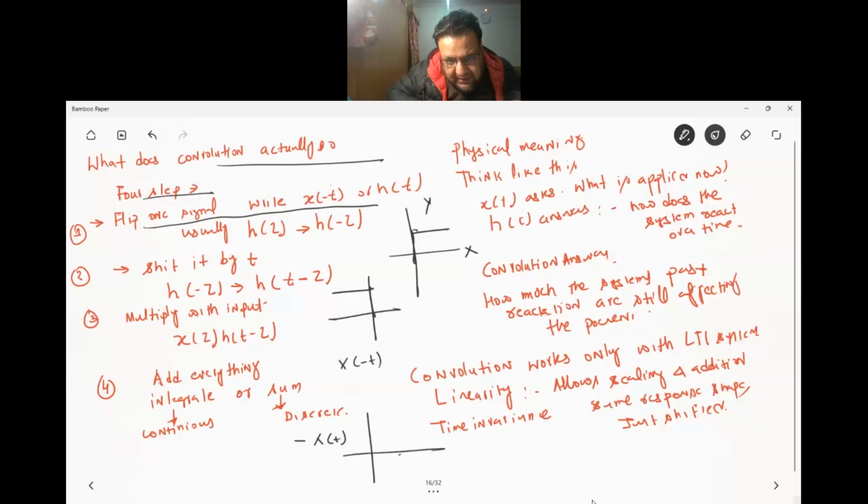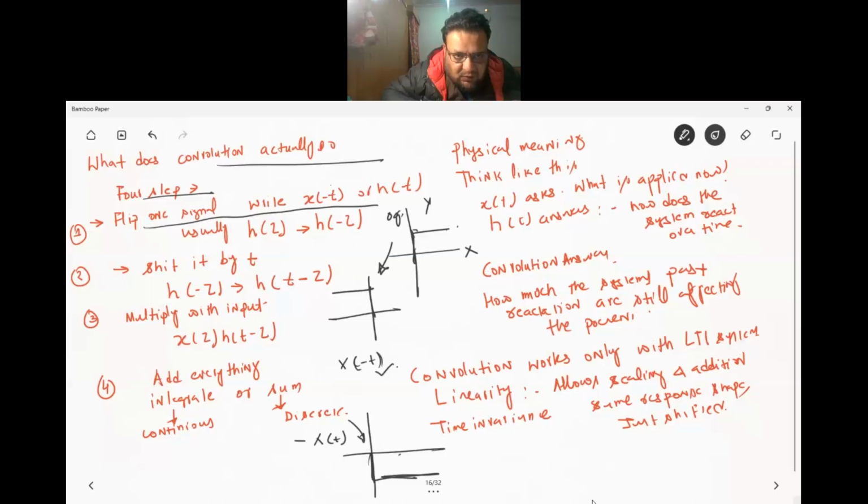Minus x of t would go down, right? This was on top, no? For minus x of t, it will move down. This is minus x of t. This is your OG signal, the original signal, and this is x of minus t.